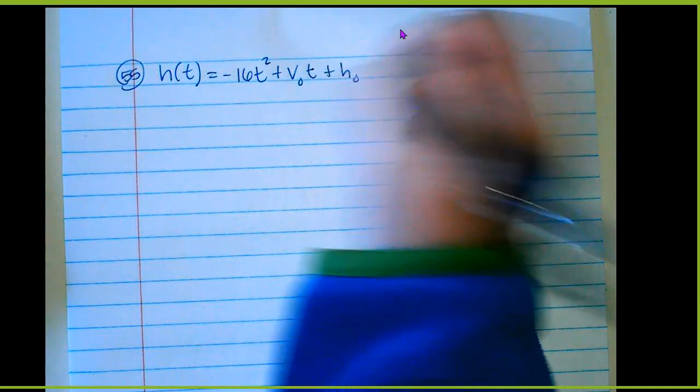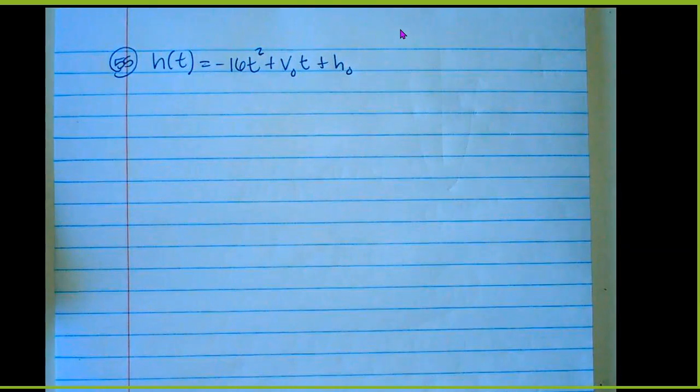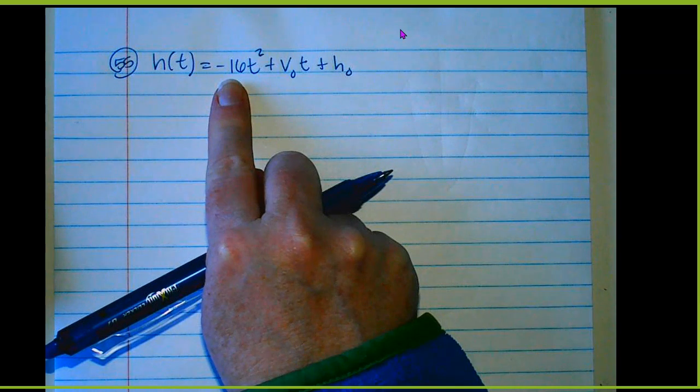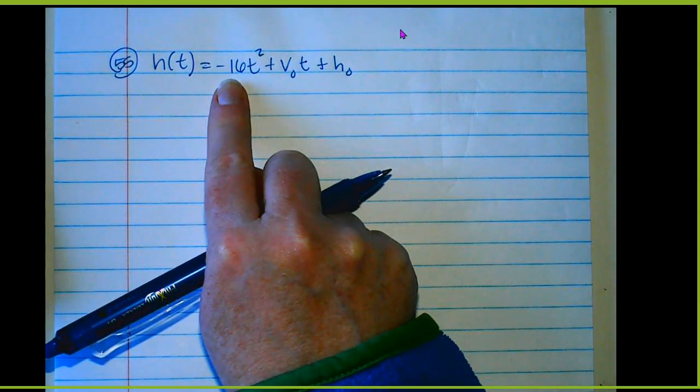All right, so 55. So 55 has directions that start on the page before it. And the 55 directions say, here's an equation, and here's what it means. This is gravity, right? So if you throw a ball up, it's going to come down because of gravity. This is the number that reflects gravity.